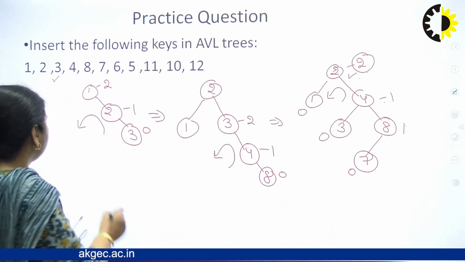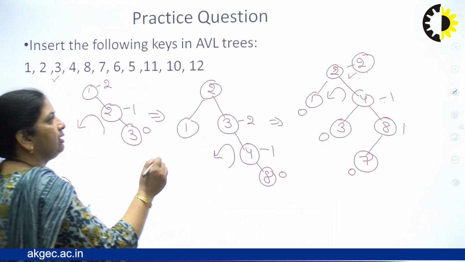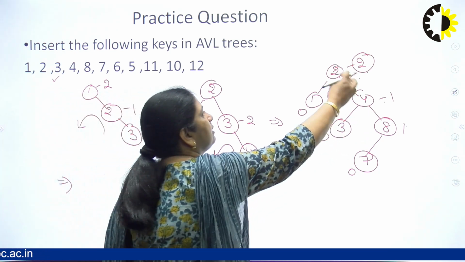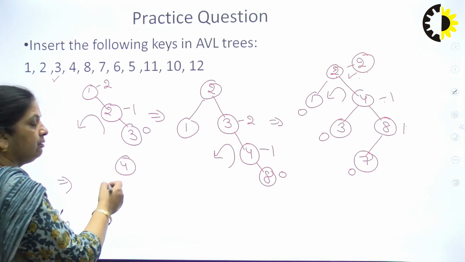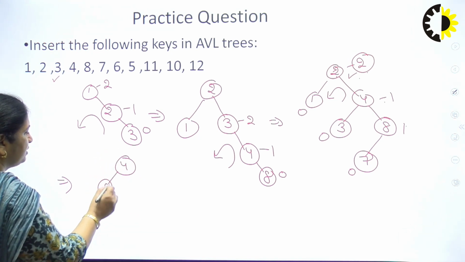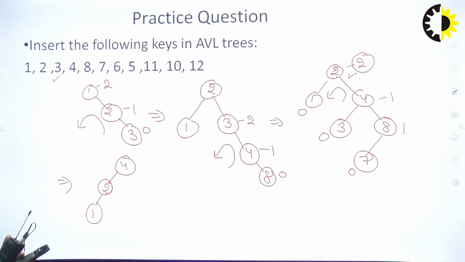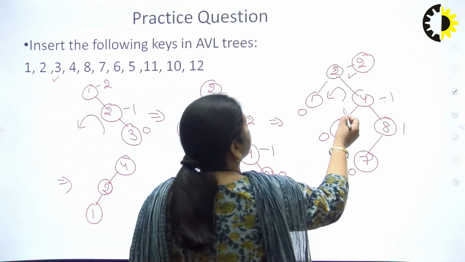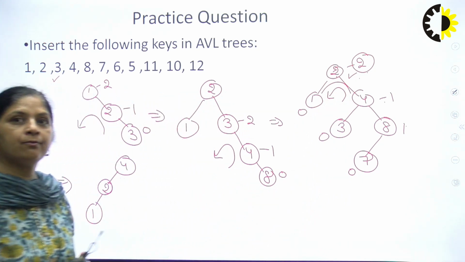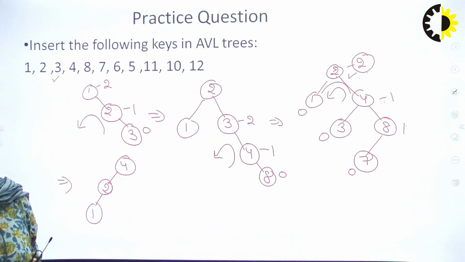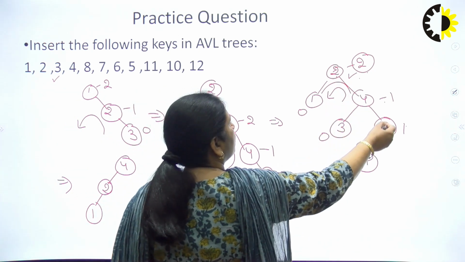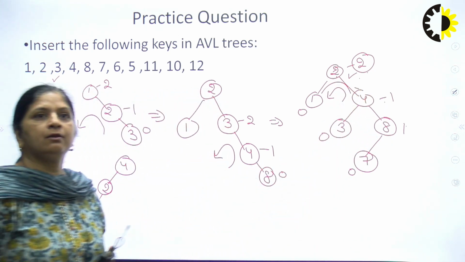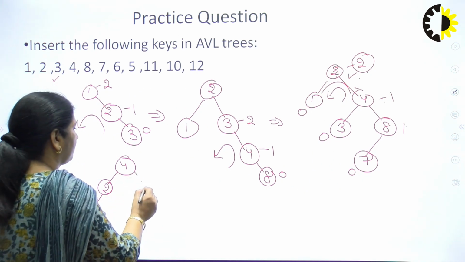So what will happen with left rotation? With left rotation, 4 will come to this point. Then 2 will shift here, same 1. As we have done this rotation, 4 has come this side, so what will come upward? That is 8.